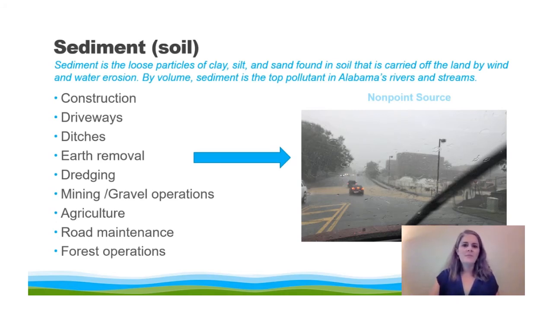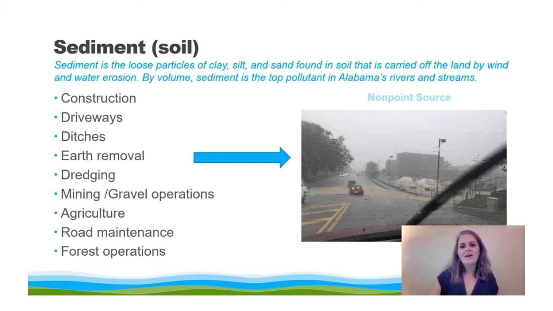Once sediment finds its way into our water bodies, it can block the light needed by aquatic plants, obstruct waterways, and smother aquatic habitat. Sediment will eventually settle to the bottom, filling in waterways. Some of the smaller, lighter particles can stay suspended for long periods of time, causing the water to be very turbid.